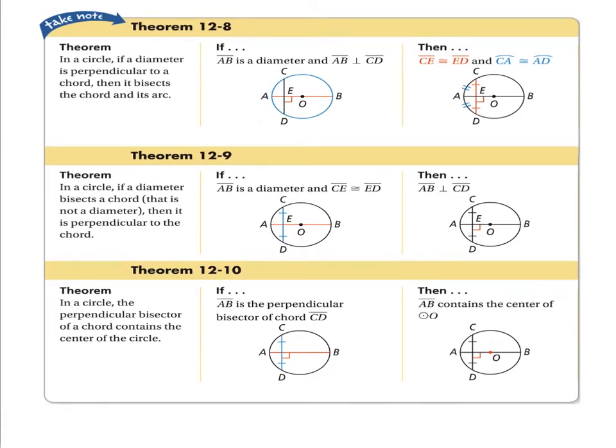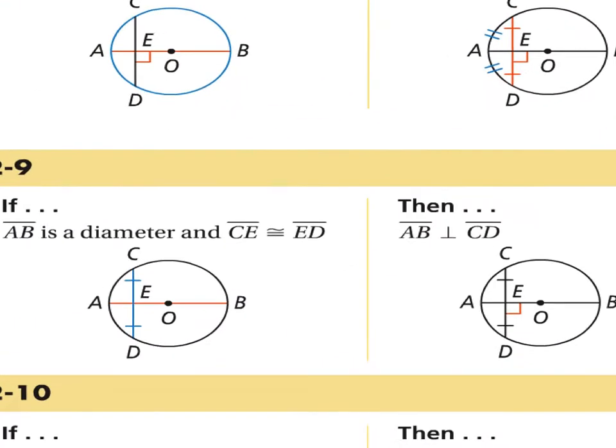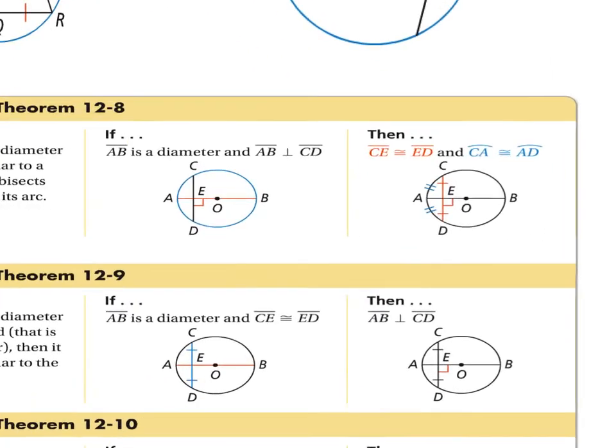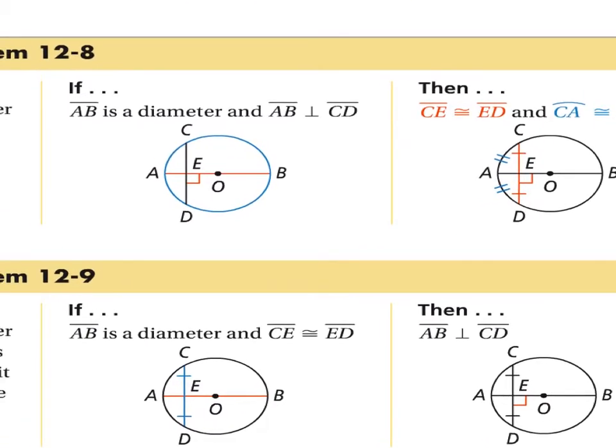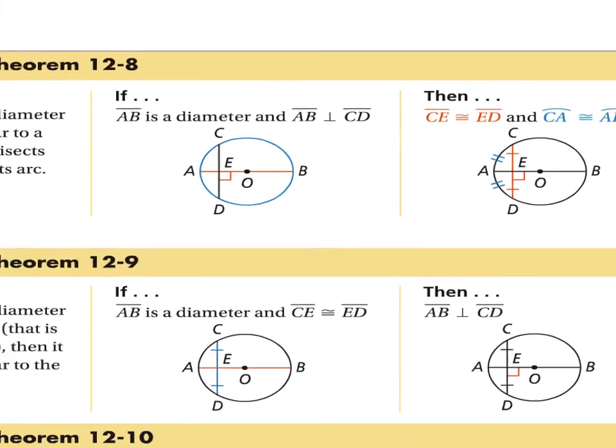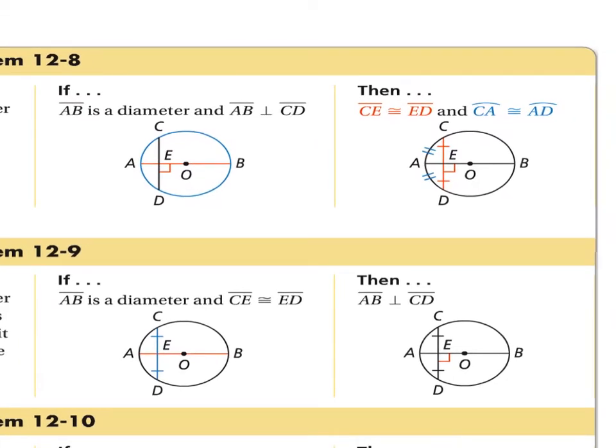First theorem is theorem 12.8, where it says, in a circle, if a diameter is perpendicular to a chord, then it bisects the chord and its arc. As you can tell from these 2 examples, in 12.8, AB is a diameter.